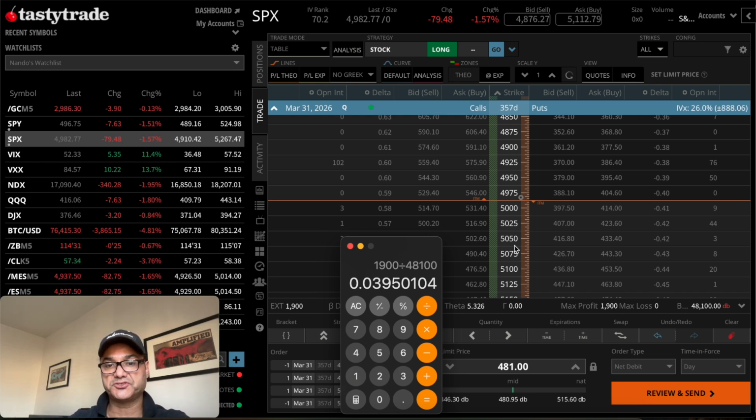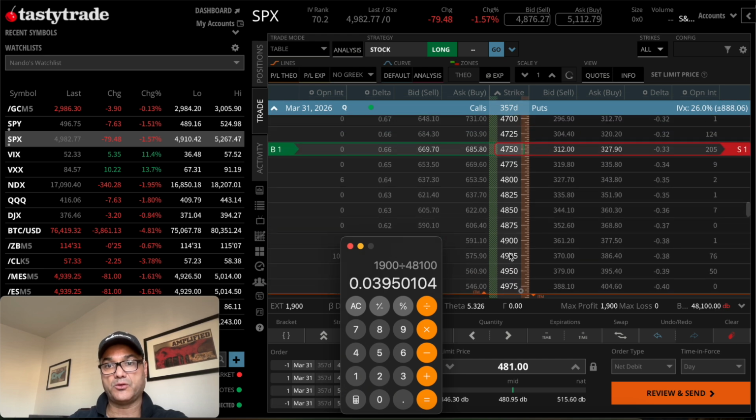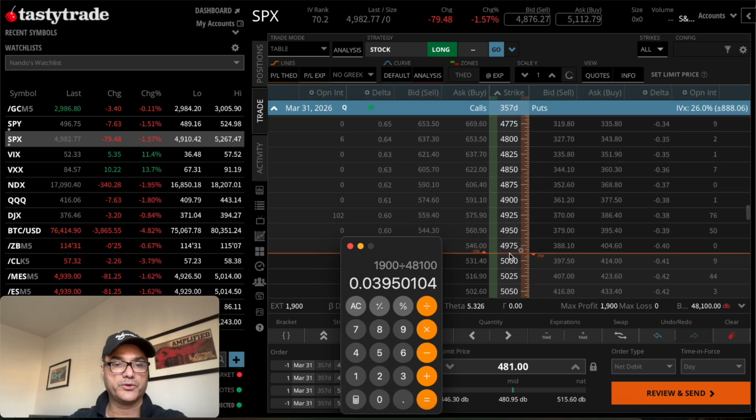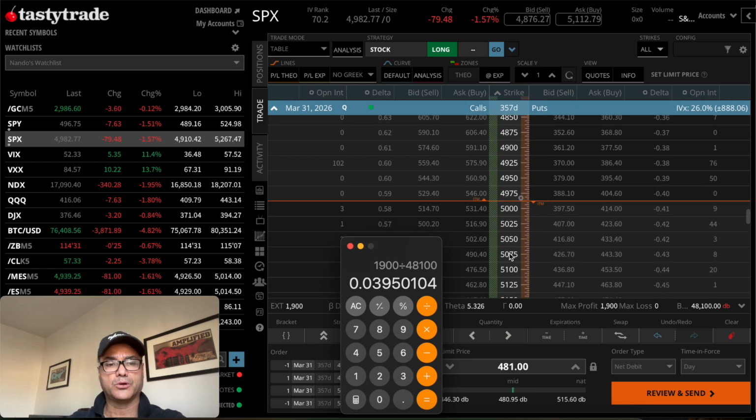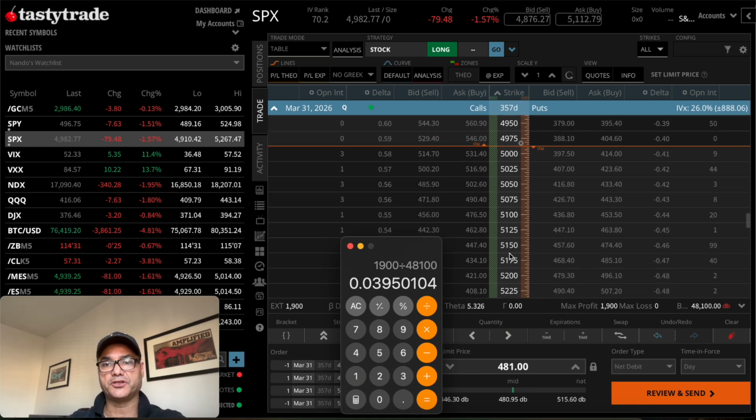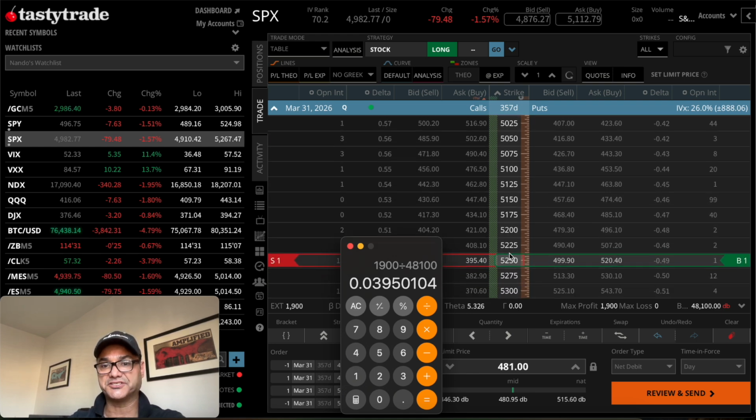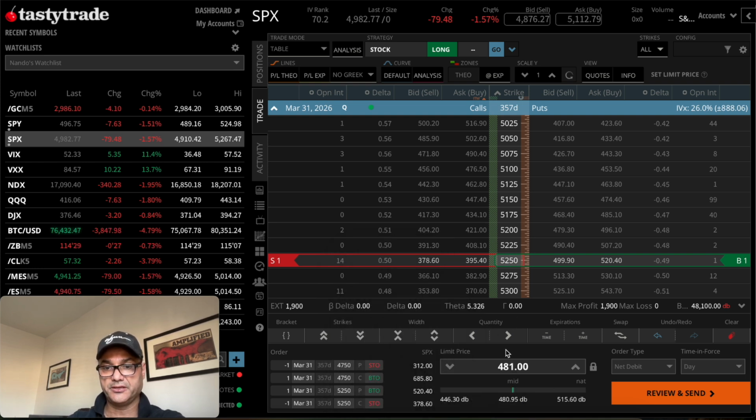So by doing this trade, we're going to earn almost 4% on our money without having to bother going to hunt down a CD from a bank or any other such money market instrument that you're going to use to hold your cash and receive interest over the course of a year. So again, this is going to cost us $48,100.